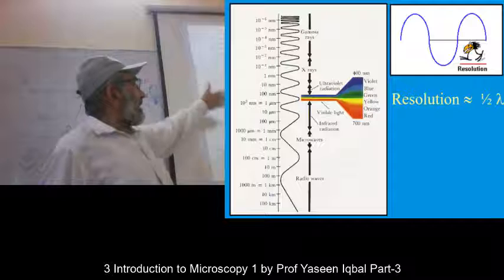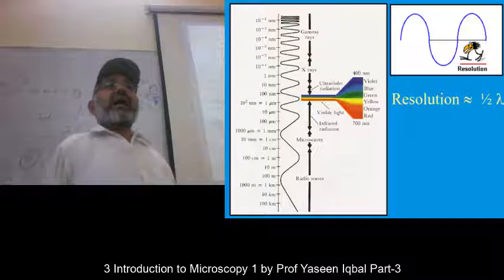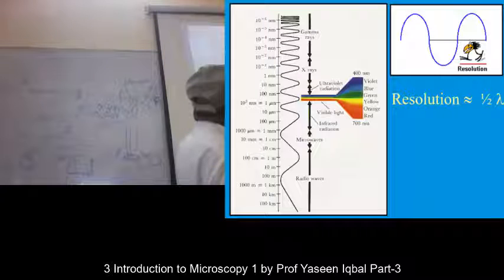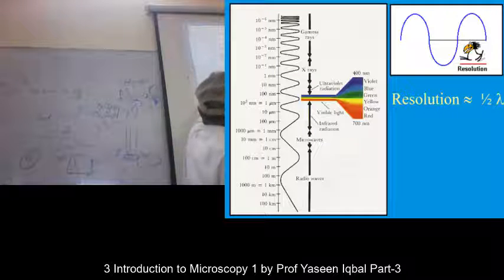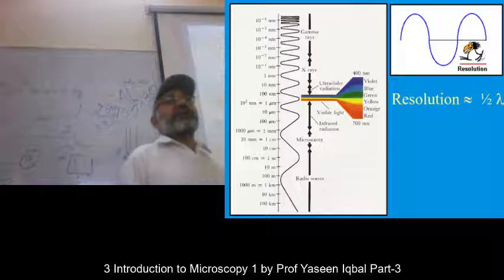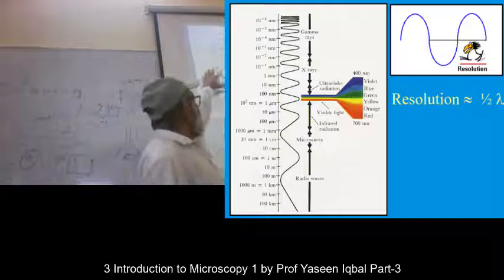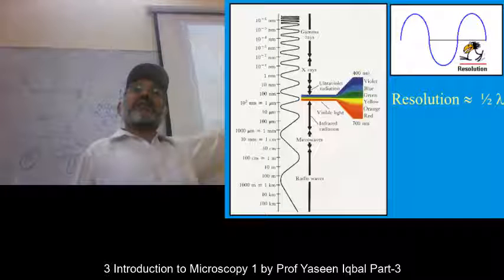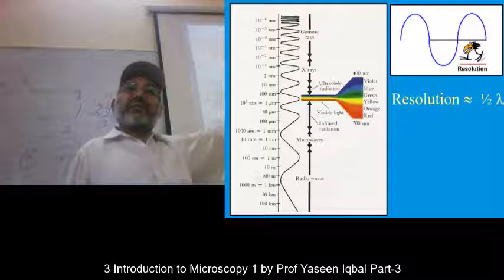Now, all these radiations are there, but in the visible range from 100 nanometer to 1 micrometer, the optical microscope is using that wavelength.